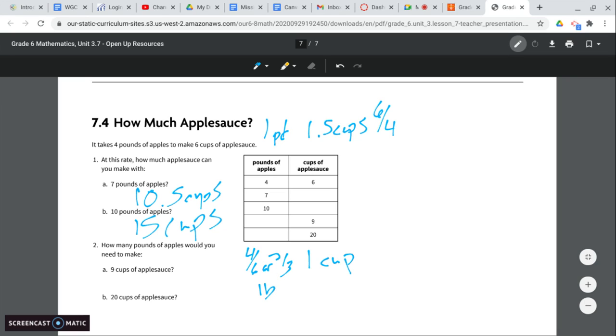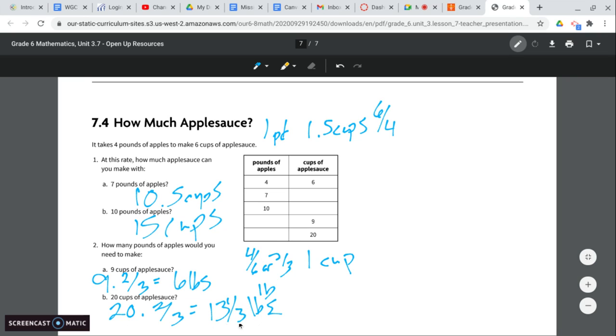So we're multiplying by 2/3 here. So 9 times 2/3 is going to give us 6 pounds, and 20 times 2/3 is going to give us 13 1/3 pounds.